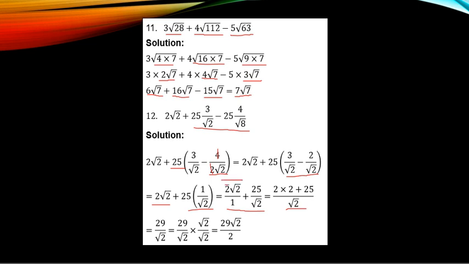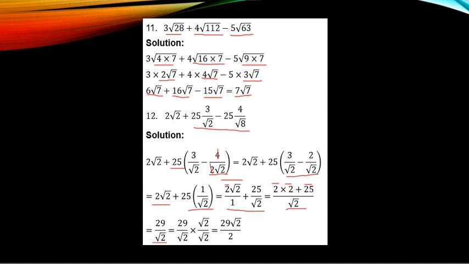So this 2 is what you have here. Then root 2 times root 2 is root 4, and root 4 is 2. Divide root 2 by root 2, you have 1 times 25, you have 25. So when you add, you're going to have a 4 there. 4 plus 25, that is 29 over root 2.